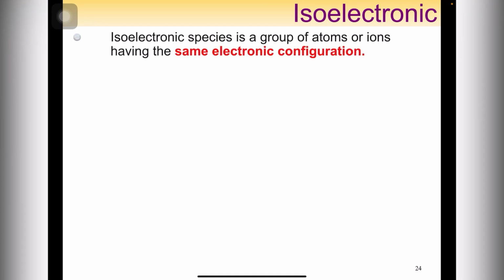Okay, let's see isoelectronic. Isoelectronic species refer to a group of atoms or ions having the same electronic configurations. Okay, this is the keyword for isoelectronic species: atoms or ions with the same electronic configurations.